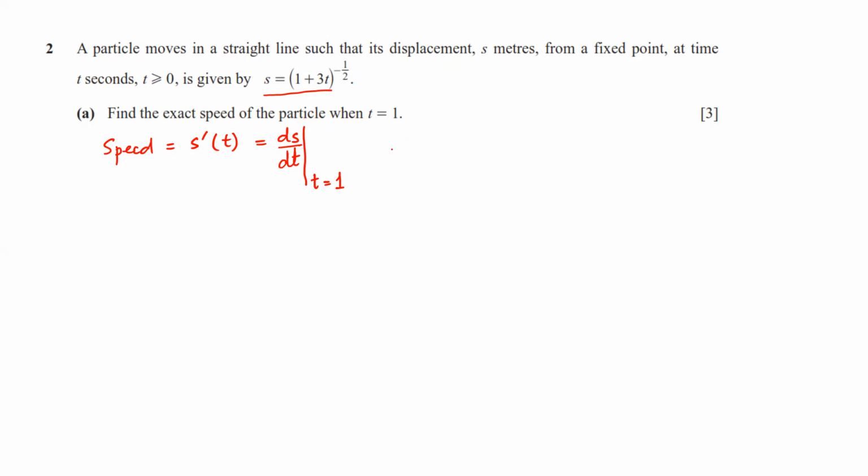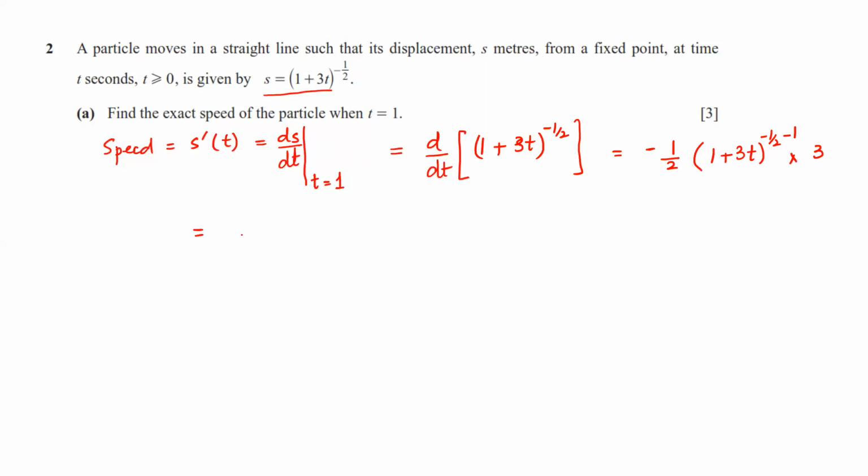So if we take the derivative, d by dt of (1 plus 3t) power minus 1 by 2 becomes minus 1 by 2 multiplied by (1 plus 3t) power minus 1 by 2 minus 1, multiplied by the derivative of the inside, that is 3.